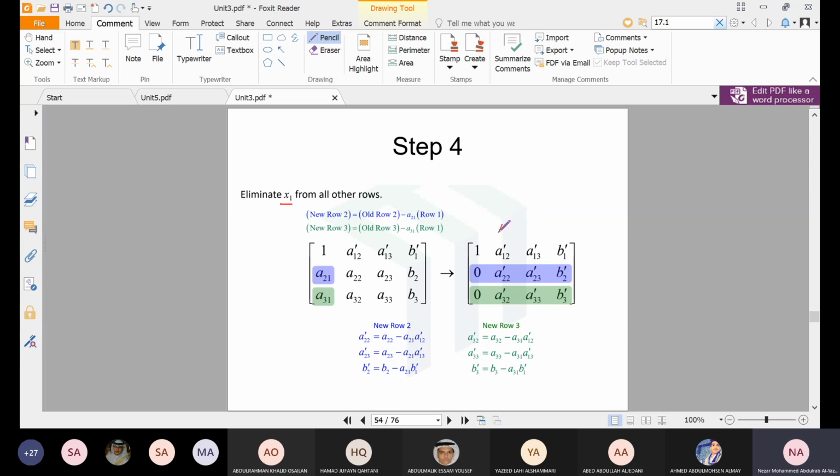So next step, we want to work on x2. We will do the same things, but here for x2, we need to look for the diagonal element. We need to normalize the diagonal element. So what's the diagonal element? This is the diagonal element for x2.